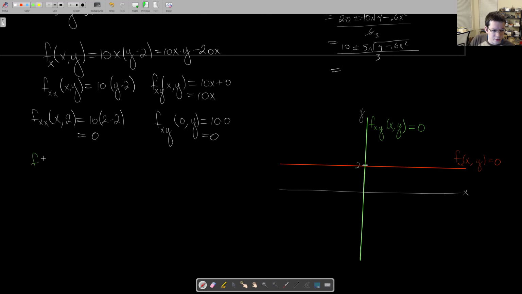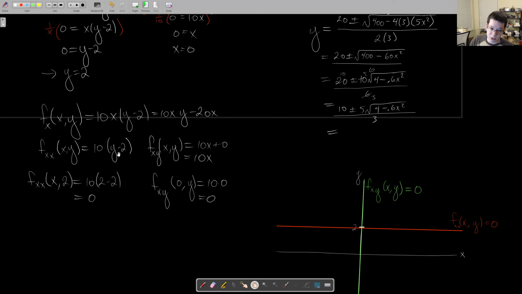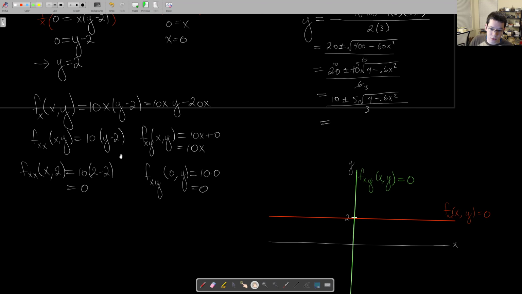So f... maybe not. If we plug in x equal to 0 on this equation, it doesn't make any difference because there's no x anywhere on here, which would mean it means nothing. It means this second derivative is not changing at all.